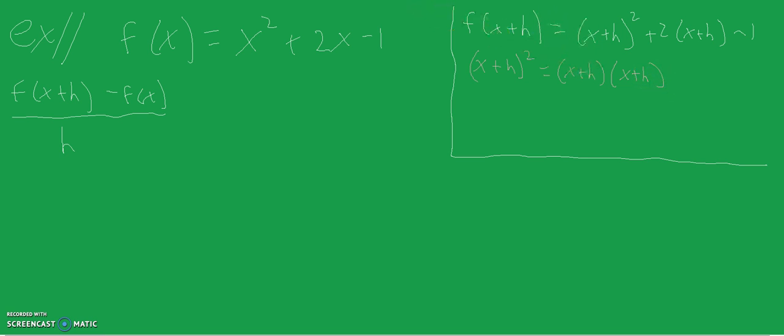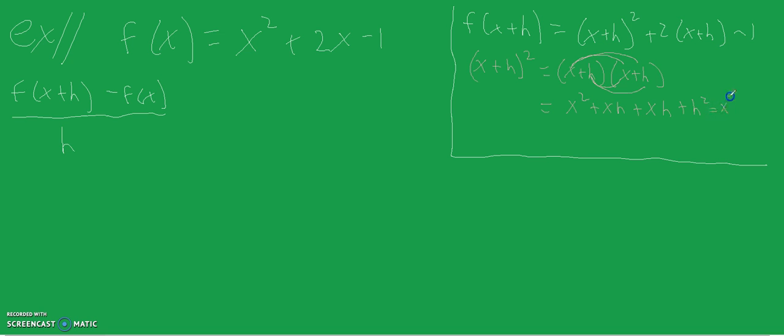So what we need to do is x times x, which is going to be x squared, x times h, which is plus xh, h times x, which is the same thing as x times h, so I'm going to write that here, skip that step a little bit, and then h times h is plus h squared.